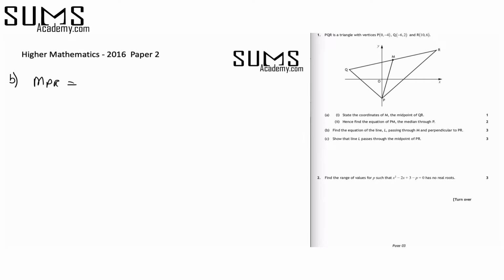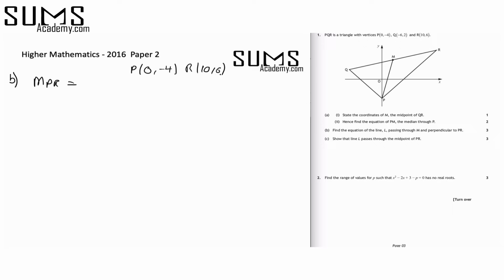PR. Our point P is (0, -4), and R is (10, 6).